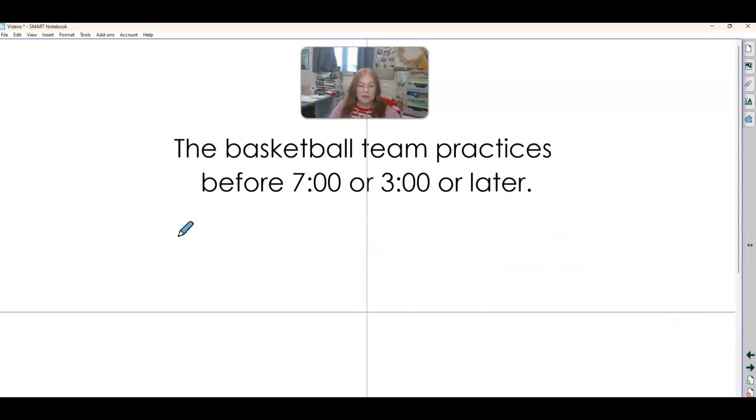Hey, and another one, we're going to draw out our graph and write the inequality. So the basketball team practices before 7 o'clock or 3:30 or later. So, right, they're at school between 7 to 3. So when can they practice? So we're going to get this number line, and so I'm going to put, let's do 7 here.